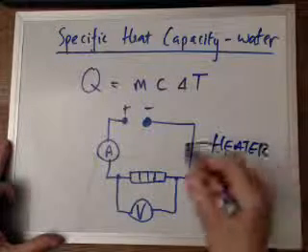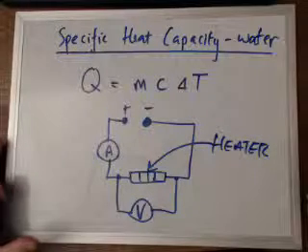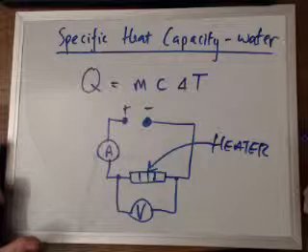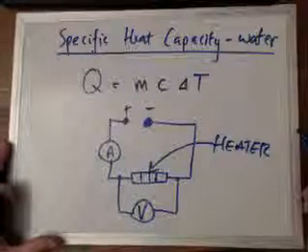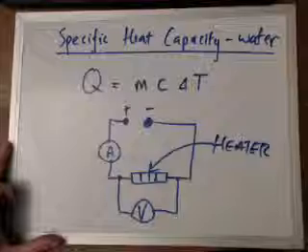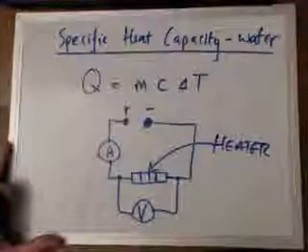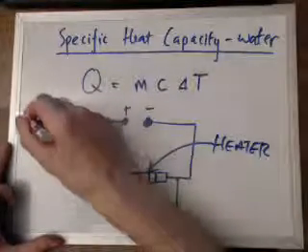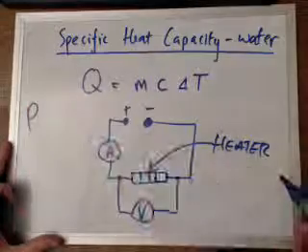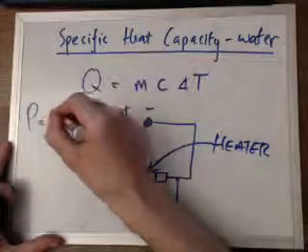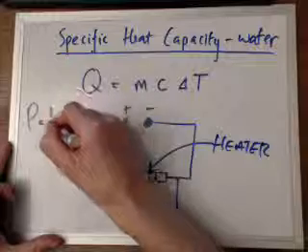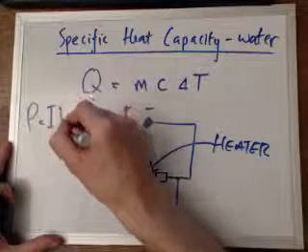Now, how do we work out what energy the heater is supplying? The equation we can use for this is, first of all, the power of the heater. P for power is equal to the current in amps multiplied by the voltage.